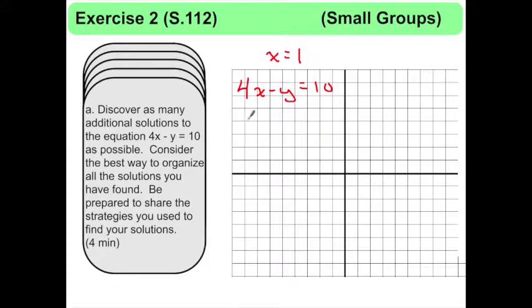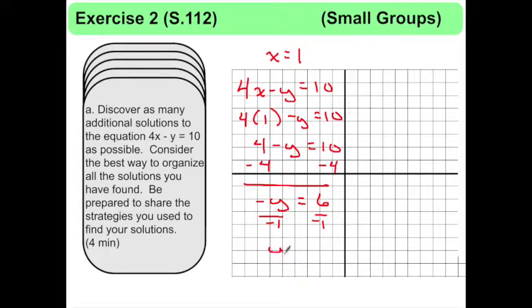Well, in that case, we would write 4 times 1 minus y equals 10. So 4 times 1 is 4, minus y equals 10. Subtract 4 from both sides. Negative y is equal to 6, and so if I divide by -1, then I know that an additional value would be y equals -6.